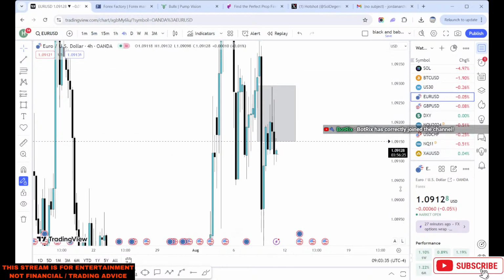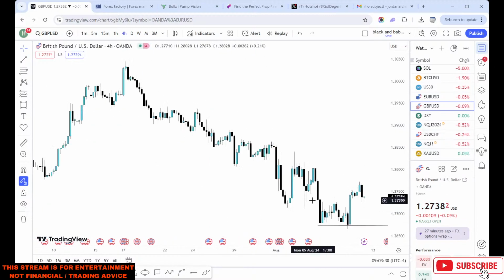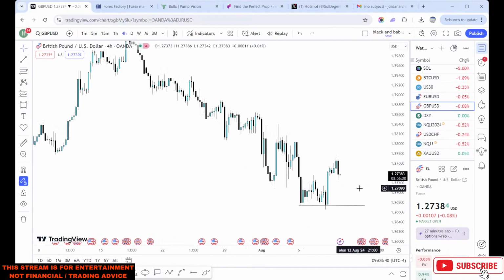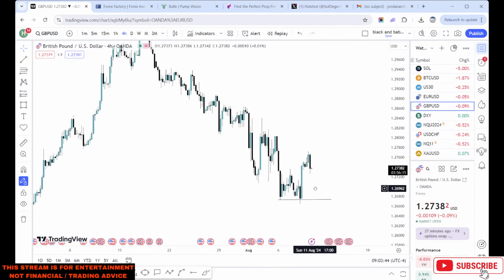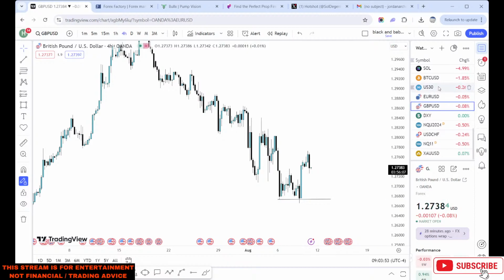And then if we look at GU, GU looks bullish. GU looks bullish compared to EU.